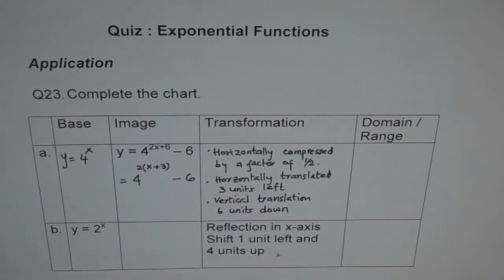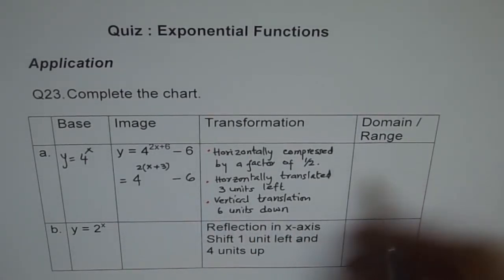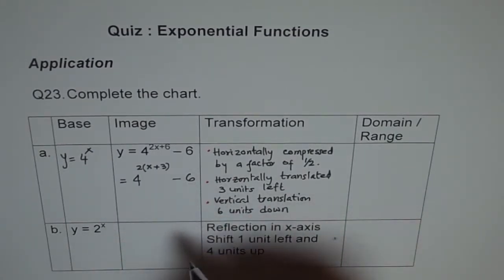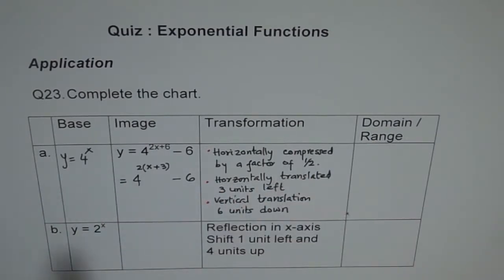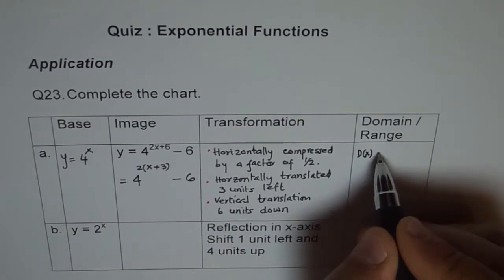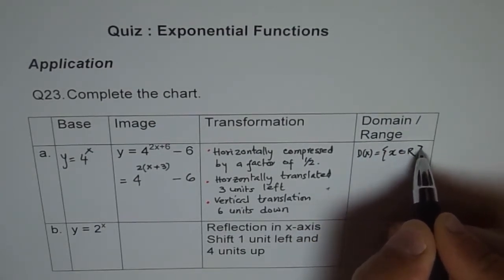Now domain and range. If you see, basically what is happening to your graph is that it moves 6 units down. The domain is all real numbers for your exponential function. So for the domain, we should always write x belongs to real numbers. There are no restrictions here.